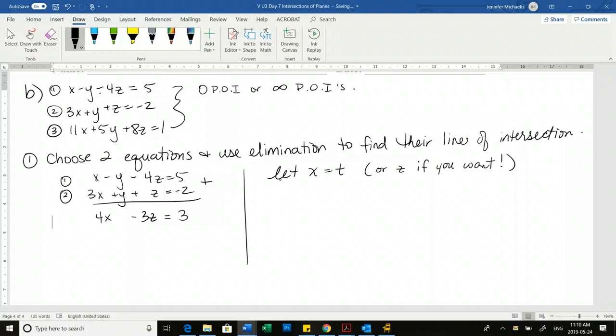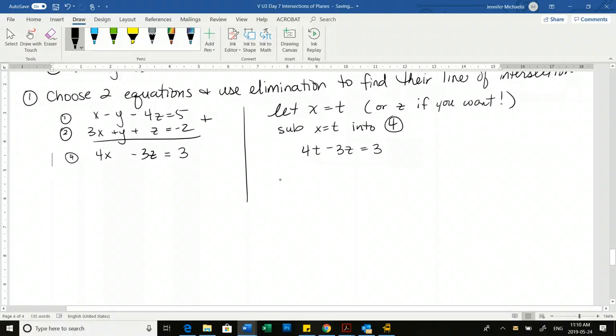And we are going to sub that into our new equation. Maybe we can call this equation 4. So sub x equals t into equation 4 so that we have z in terms of t to start. And then I'm just going to isolate for z here.